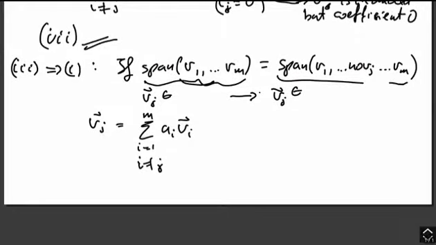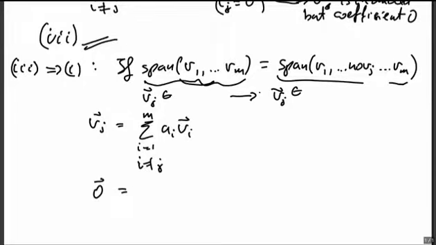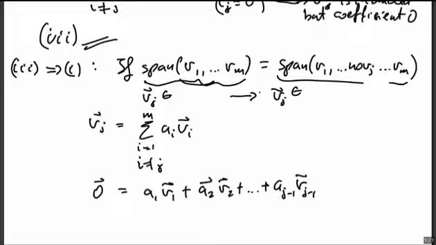All we have to do is rearrange this and get the 0 vector with vj on the other side. So what we get is a1 v1 plus a2 v2, then we have aj minus 1 vj minus 1, and then for vj on the other side that will be negative 1 vj, and then the rest of the vectors, aj plus 1 vj plus 1, all the way up to am vm.